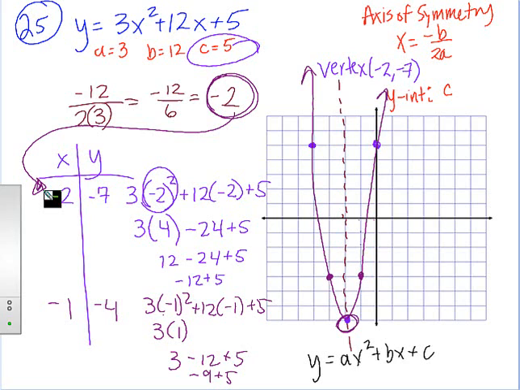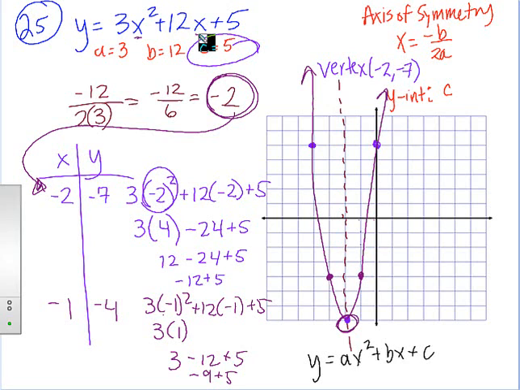We plugged -2 into the equation. Instead of x, we replaced it with -2, and we just simplified it down to get -7. This is then the point -2, -7.